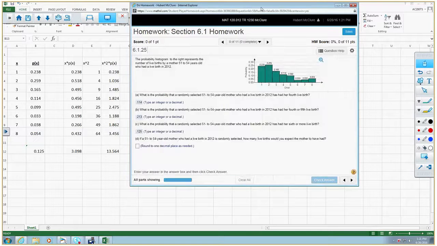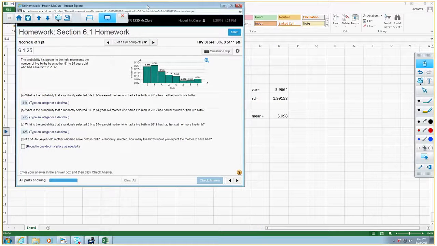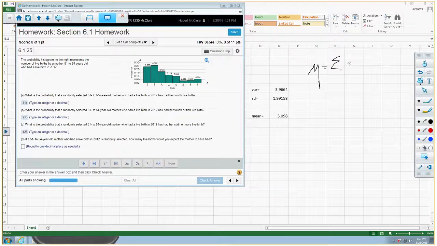And then the average is 3.1. You added them all up. I'm going to go back to the formula. What is the formula? Mu equals the summation of x times P of x. And the first thing people are going to say is, well, what's x and P of x?